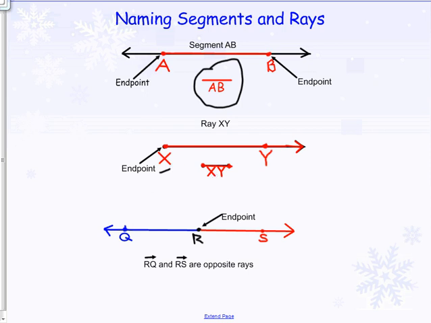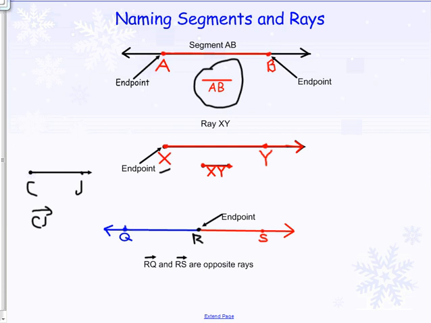So for example, if we had another ray, and let's say we are naming that ray C and J, we would write that as CJ with a ray over the top.